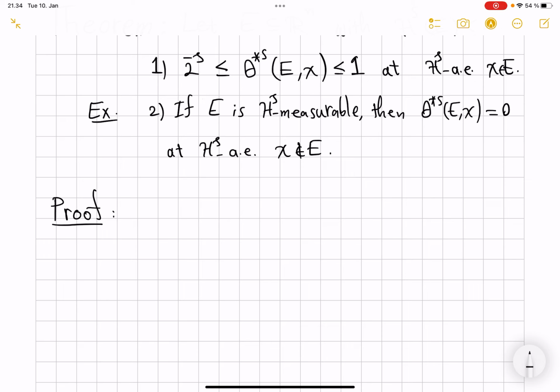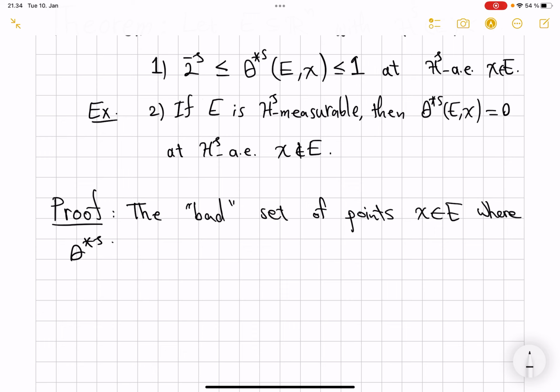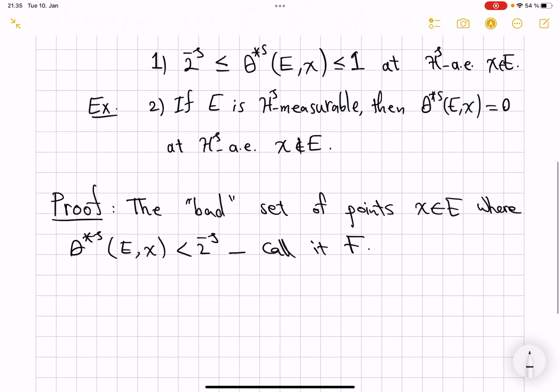So the bad set of points where this is violated: x in E where this upper density of E at x is less than 2 to the negative s. Call it F. It's a subset of E where the estimate that we want fails.